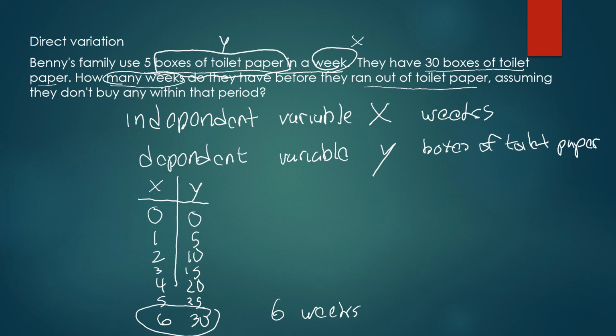Now, another way you could have also done it, they gave you 5 boxes of toilet paper. So this is your rate right here. So since you know your rate, you could have written your equation as y equals 5 times x, where 5 is 5 rolls of toilet paper per week.